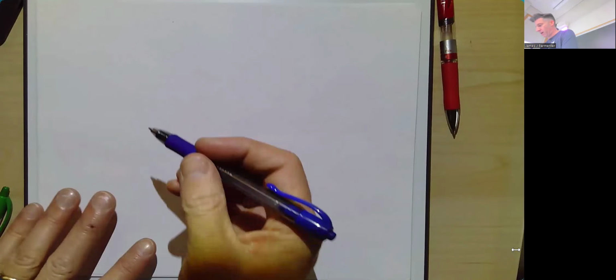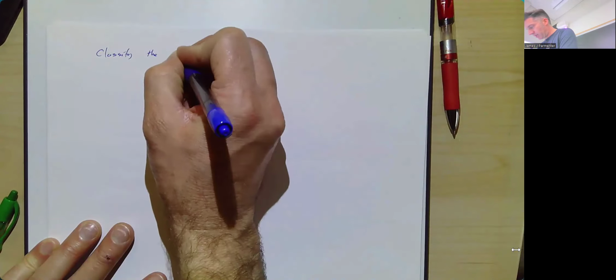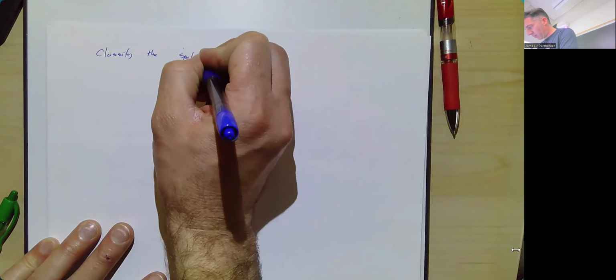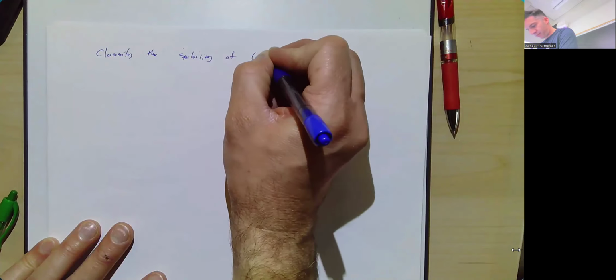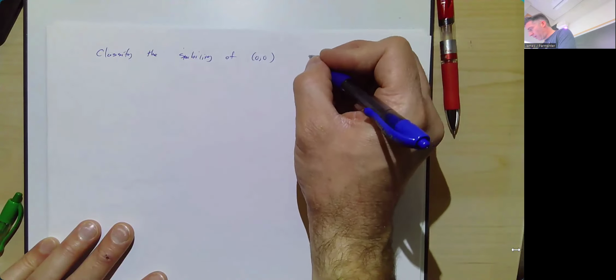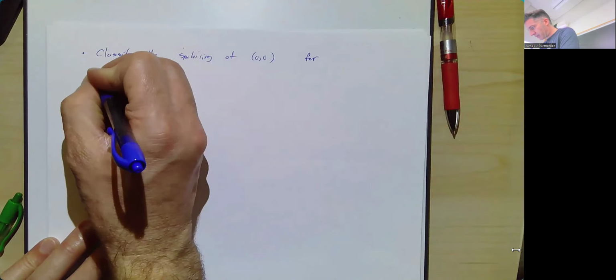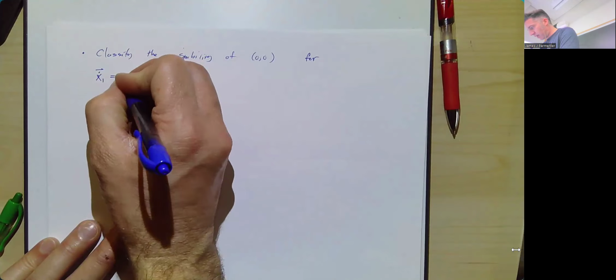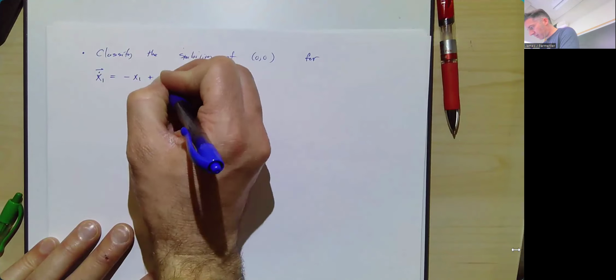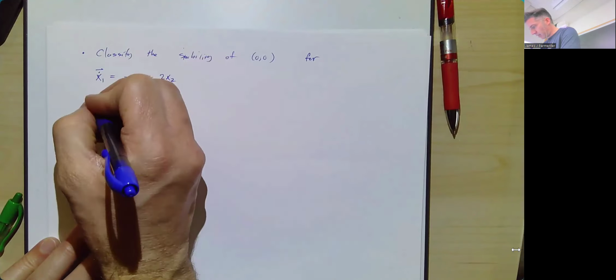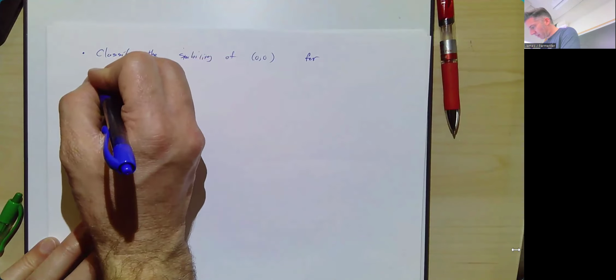So we're going to classify the stability of the equilibrium (0, 0) for the following system of differential equations. x1 dot equal to negative x1 plus 2x2, and I didn't mean to put a little vector thing there, sorry.